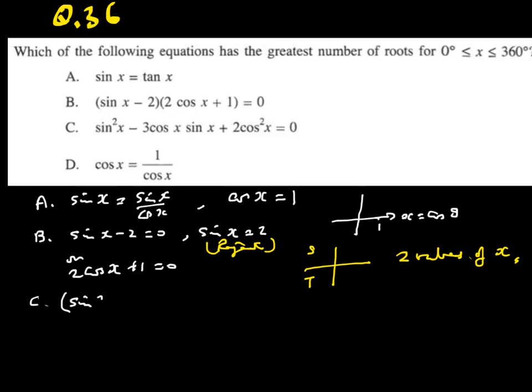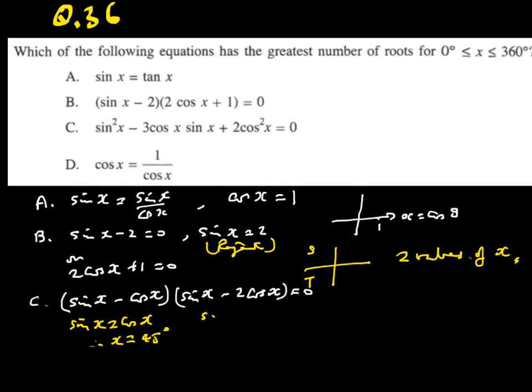And as for C, we could factorize C, and then solve by putting it equal to 0. So actually, x is 45 degrees, where sine of x equals cosine of x. As for the second expression, we see that it ends up with tan x equal to 2.